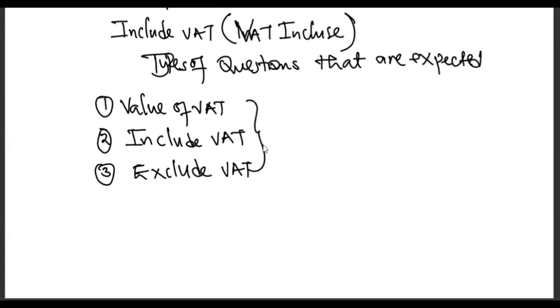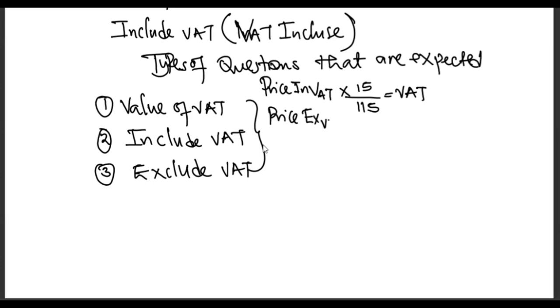If you're looking for the value of VAT, it will depend. If the price already includes VAT, that means you're going to multiply by 15 over 115. If the price includes VAT and you're looking for the value of VAT, this one will give you the value of VAT. Now, if the price excludes VAT, all you will do is to get 15 over 100.